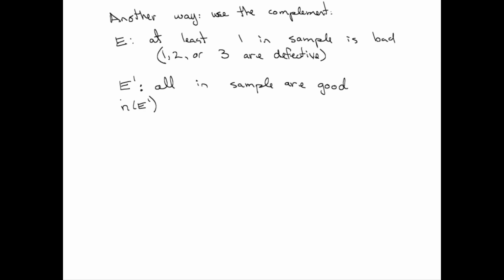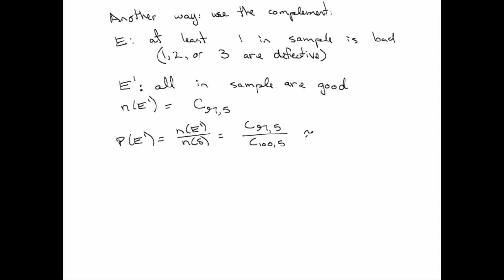How many ways can everything in the sample be good? Well, I have 97 good radios. We're going to choose all of them in the sample to be good, so that means we're going to do 97 combination 5. So our probability of the complement, we take the number in the complement and we divide by the number in the sample space. So we have combination 97, 5 divided by combination 100, 5.